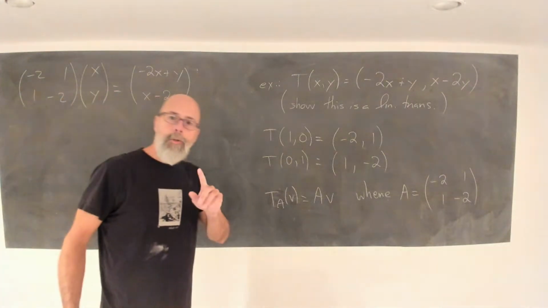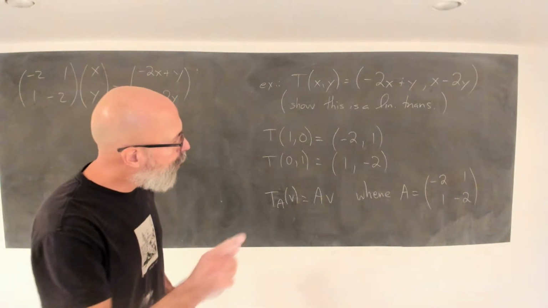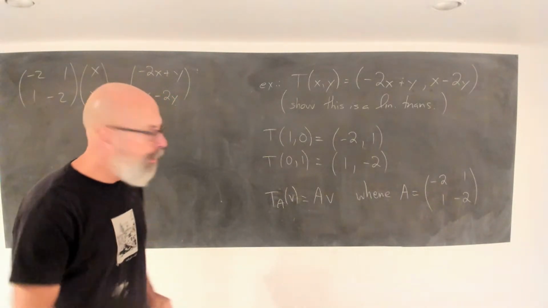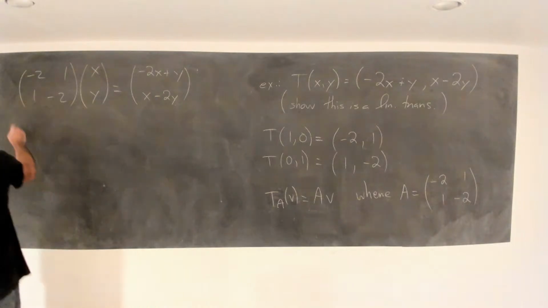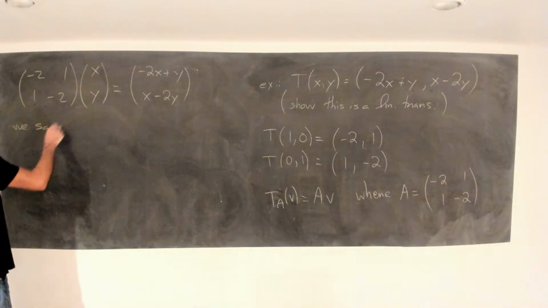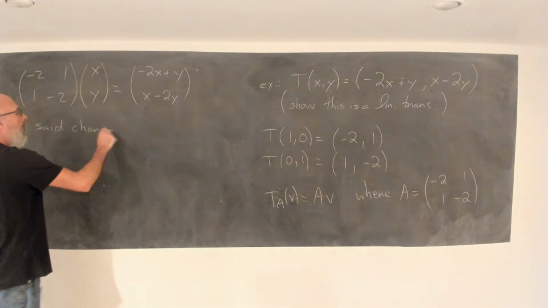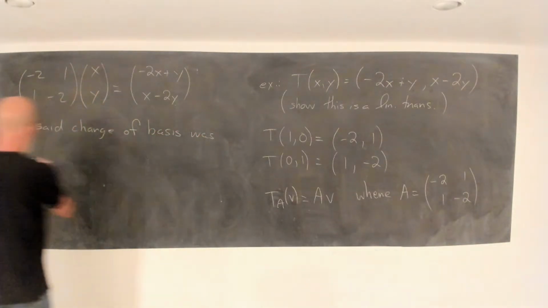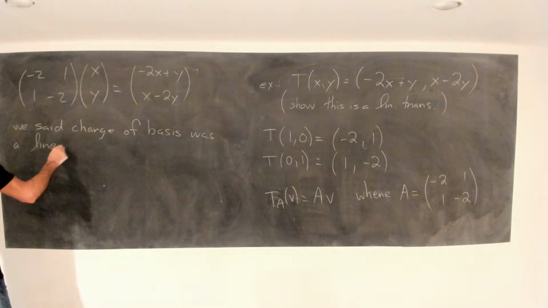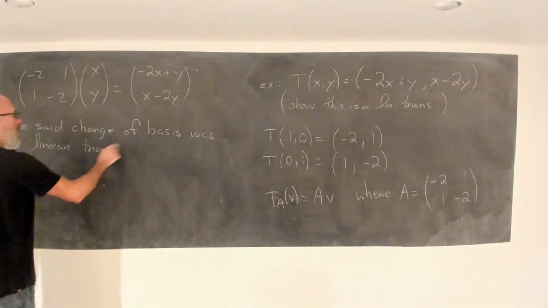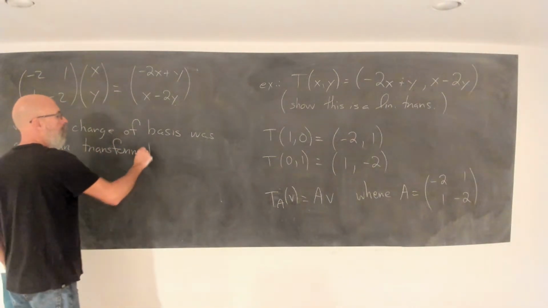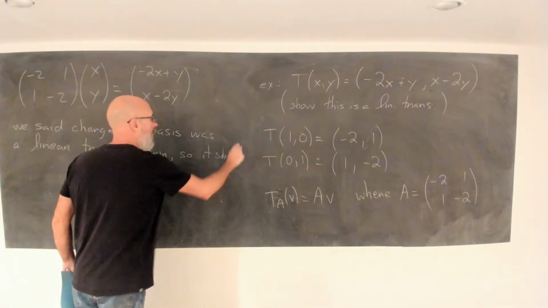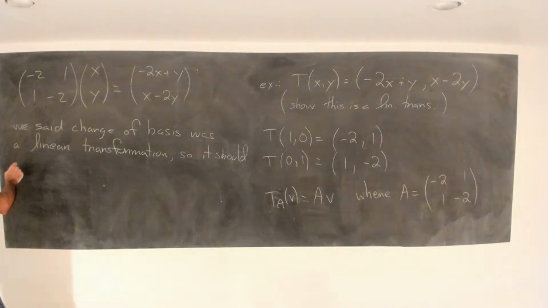Let's go back to the change of basis. We argued that the change of basis was a linear transformation, so it should have a matrix representation.